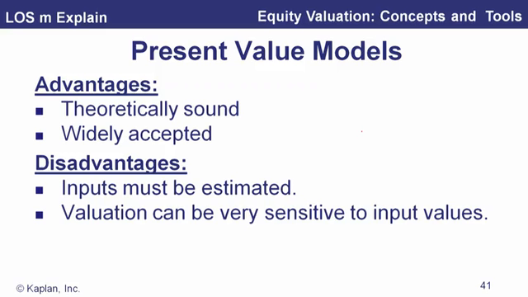And if you start fooling around with those and start tweaking g just a little bit, that can have a huge impact, or let's say a very significant impact, on the valuation you come up with. So we estimate the inputs with error, and our results are very sensitive to our inputs. That's the trouble with present value models, or the dividend discount model, or free cash flow models in particular.